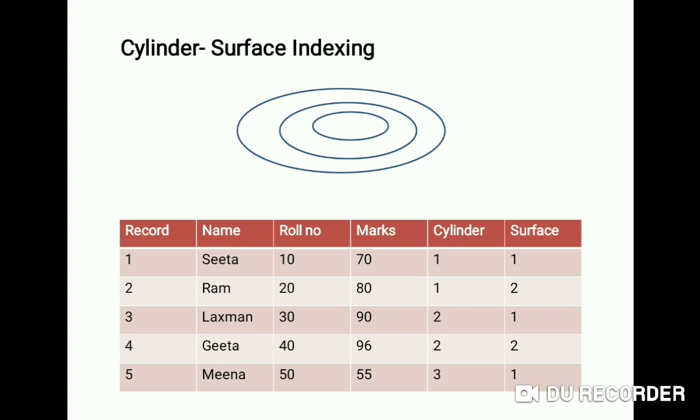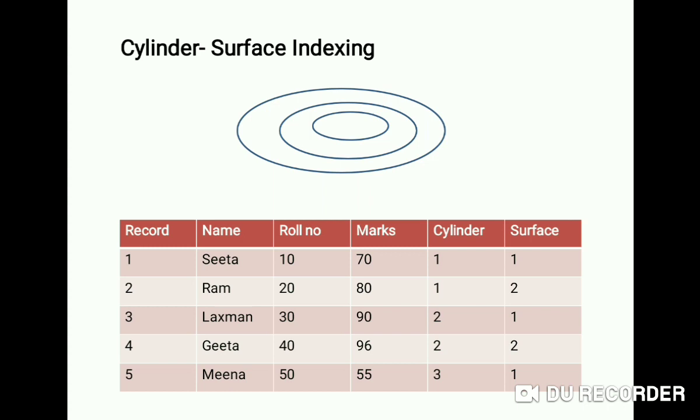Okay, or record numbers can be said as primary key. So file will be placed on the hard disk. Now hard disk means what? That cylinders which I have drawn, and to locate the record position, cylinder and surface is used.